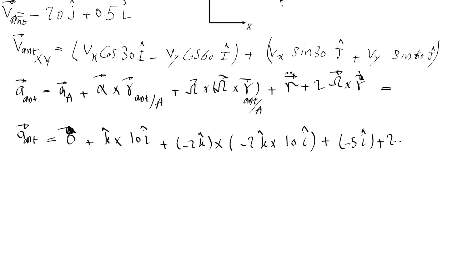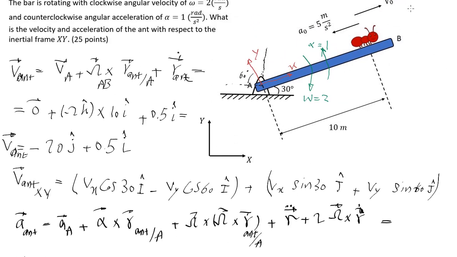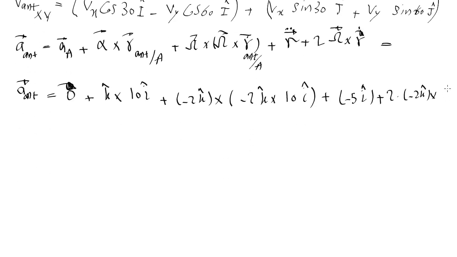So 2 times omega, which is minus 2k, cross R dot, and R dot is just half a meter per second in the I direction, so that is 0.5 in the I direction.